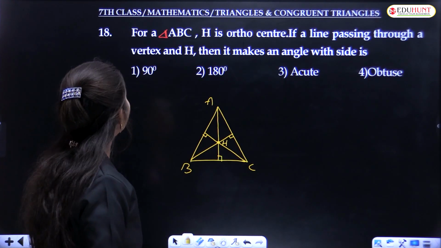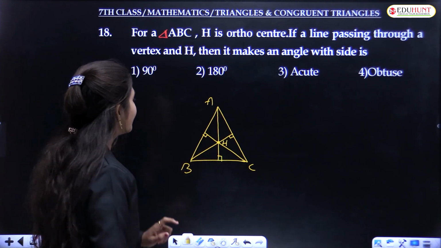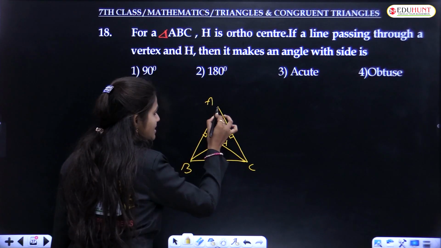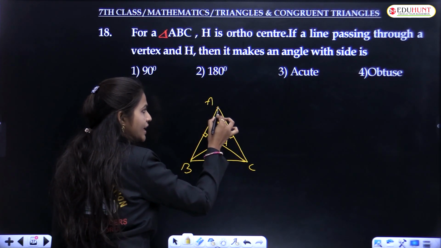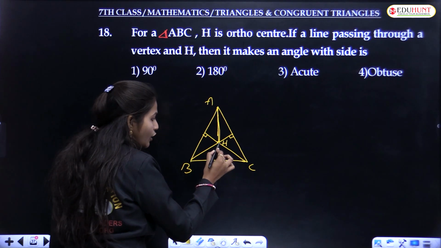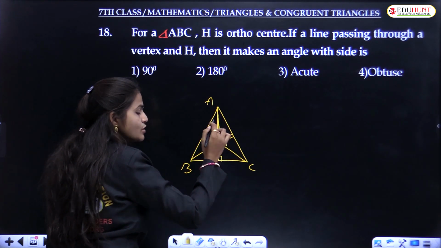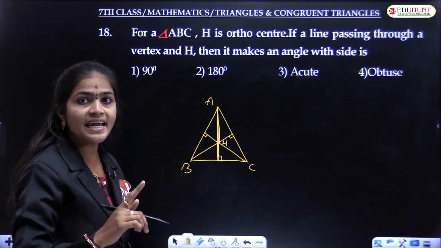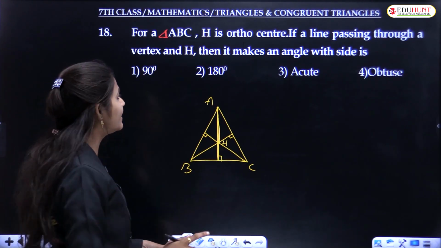And if a line passes through a vertex and H, then it makes an angle. Yes, they are asking that here this is an altitude, no? One of the lines which passes through the vertex and orthocenter to its opposite side, we call this an altitude, no? So altitude always makes an angle at the opposite side of 90 degrees.